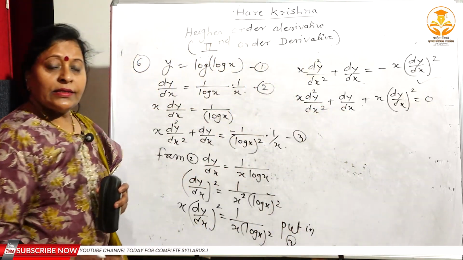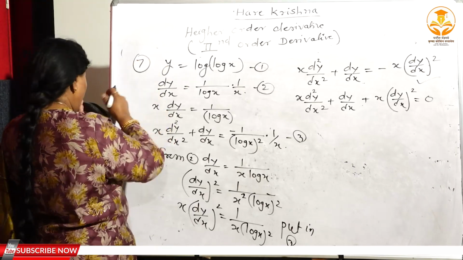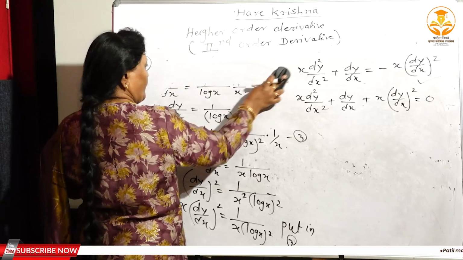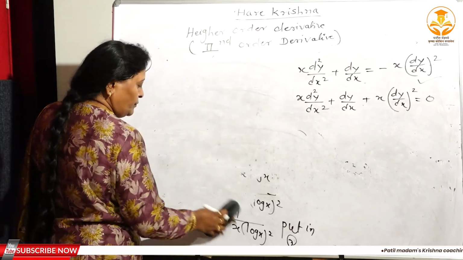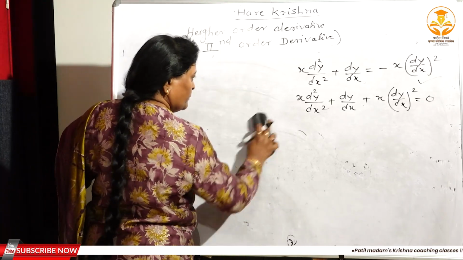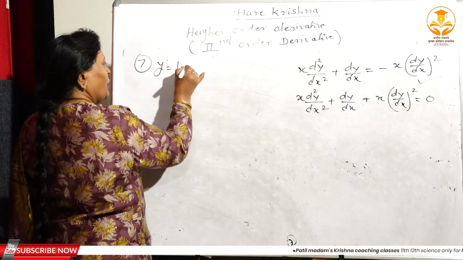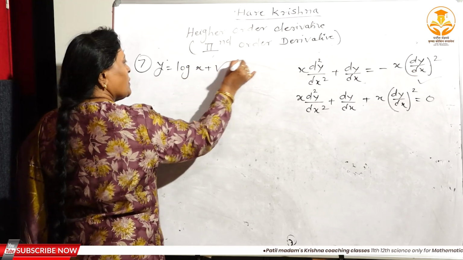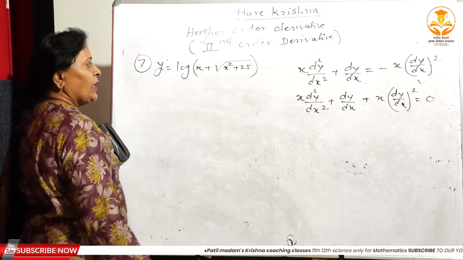Isn't it? Again, this is a very, very important example. The seventh I will take. See, y is equal to log of x plus root of x square plus 25. Isn't it?